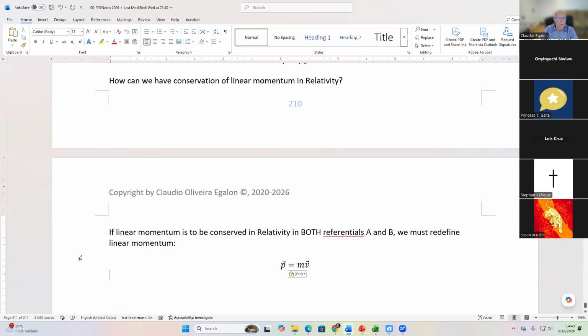So in order to have conservation of linear momentum in both referentials A and B simultaneously, and in relativity as well, the relativistic linear momentum must be rewritten as gamma times m times v.